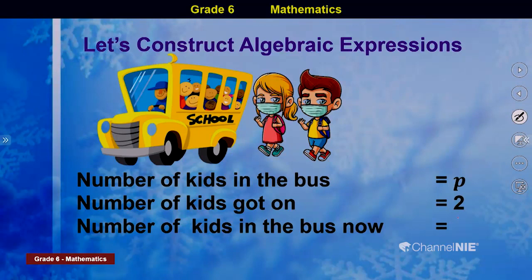What should we do to find the number of kids in the bus now? There were p kids in the bus, 2 got on, then all together we have p plus 2 kids in the bus.